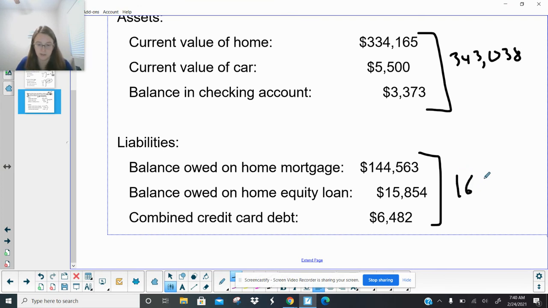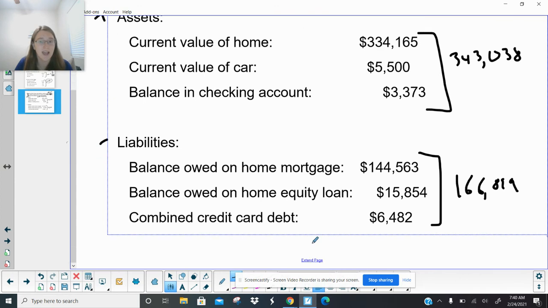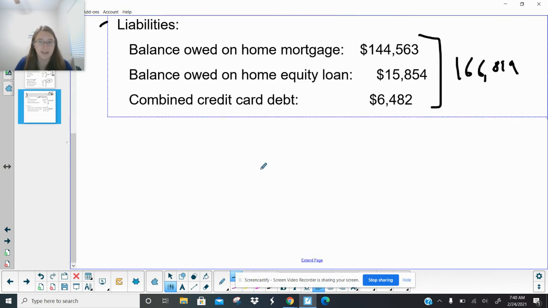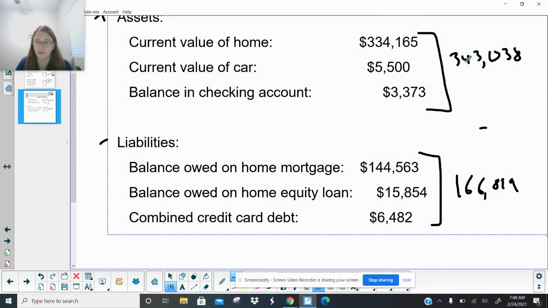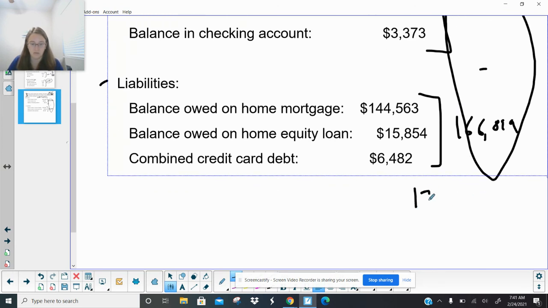Okay, 166,899. So once you got those two numbers together, again, these are all the positives, these are all the negatives. How much you're actually worth is the difference between these two. So subtracting these two numbers, 343,038, I got an answer of 176,139 in this case.